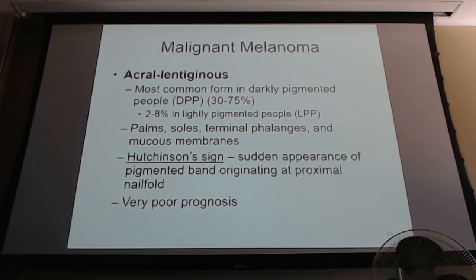The other key component of this is it's in hidden areas. It's not in areas where you could have some of that sun exposure. So it could be on their palms. We can see this on the sole, so it's up and under the feet.